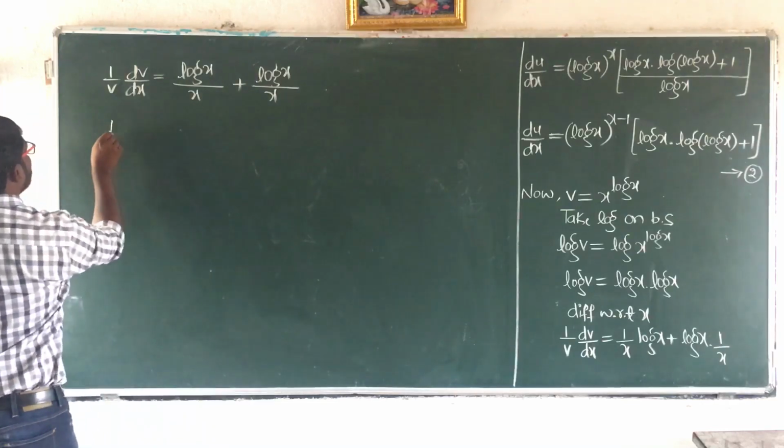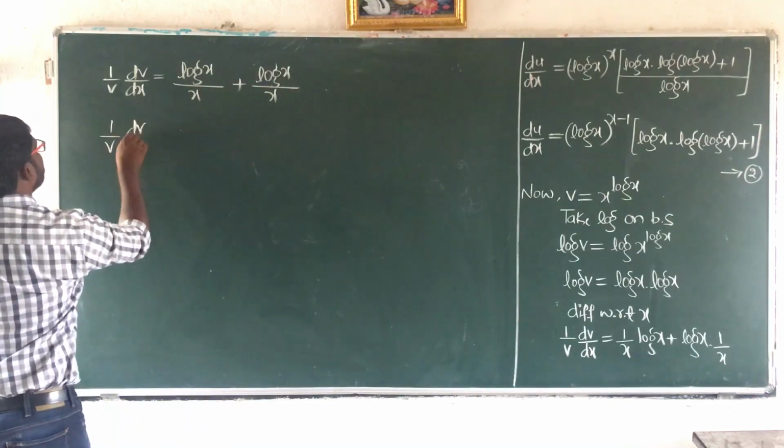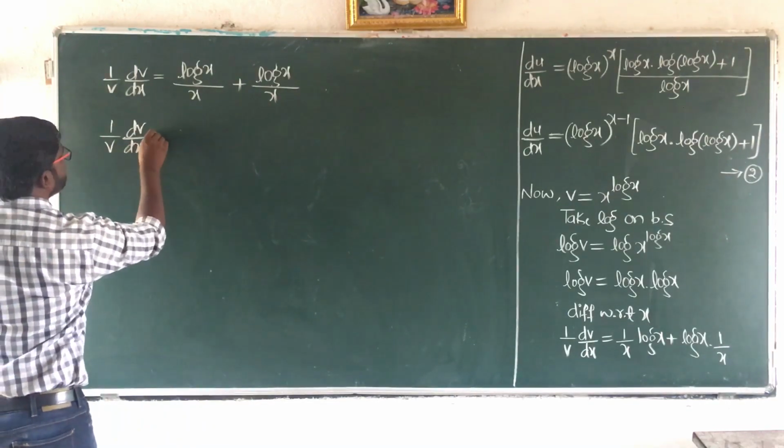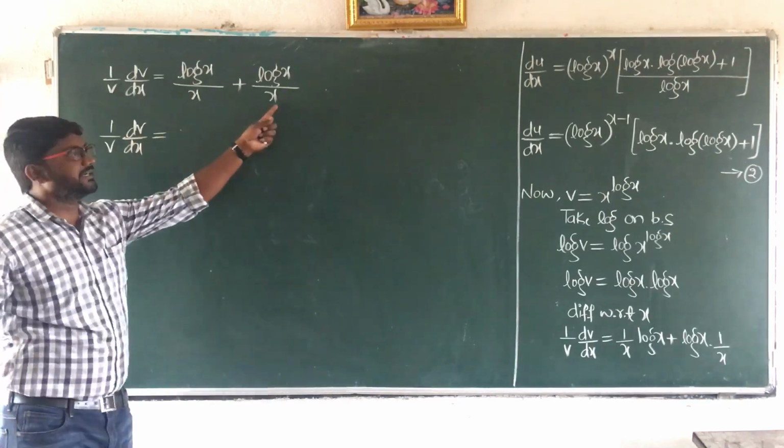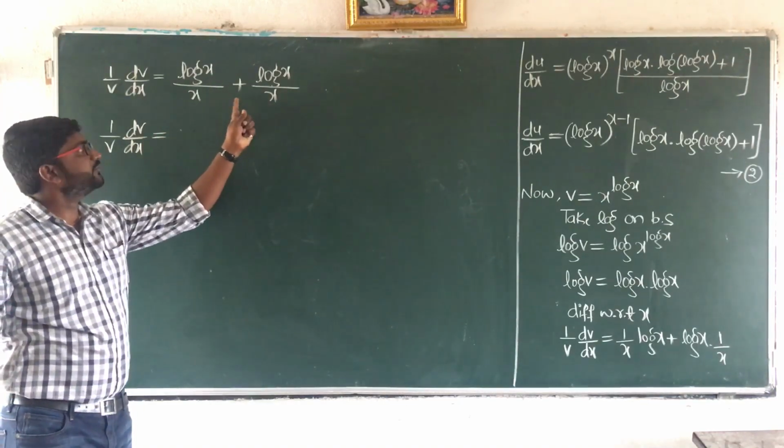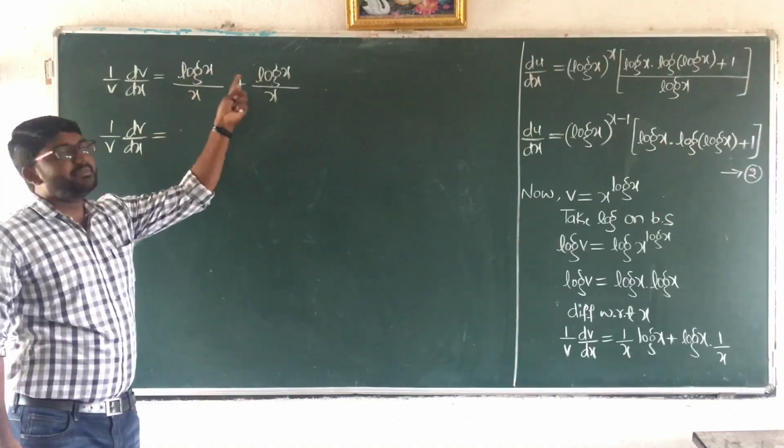So now you have the same denominator, that means the LCM will be x and the numerators will be added up.